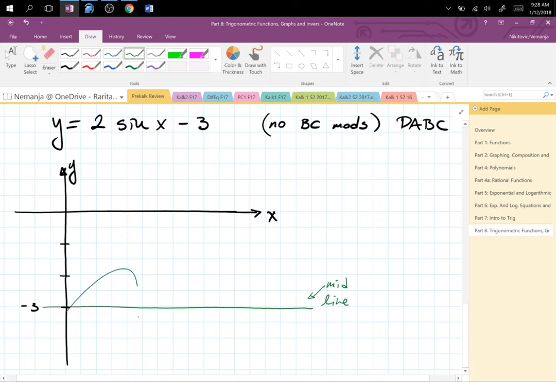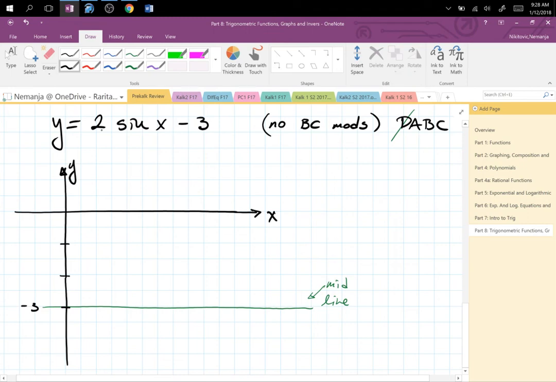What it means is that the graph is going to do this, right? That's the midline. That's why I have midline. So D is done. I'll cross it off. The next part is to use amplitude, so A, and A is equal to 2.